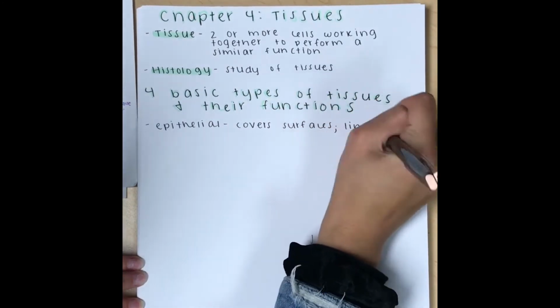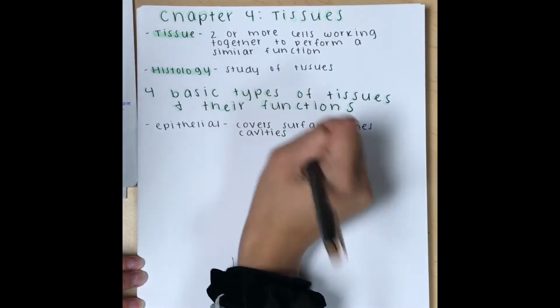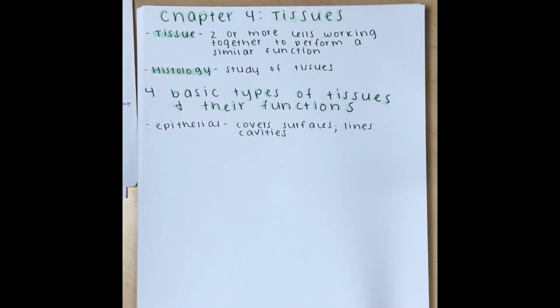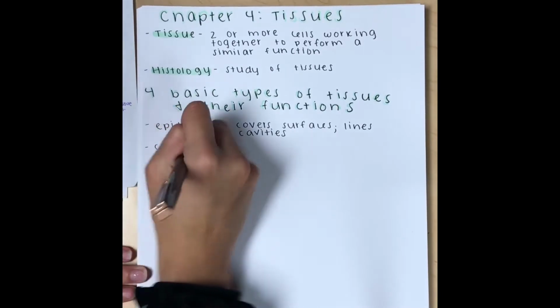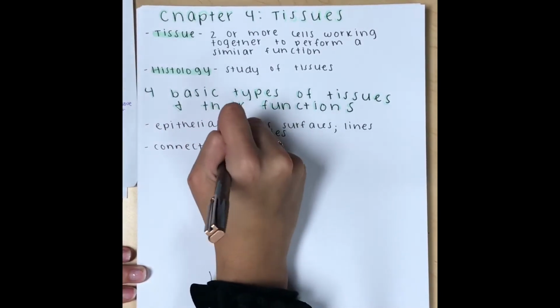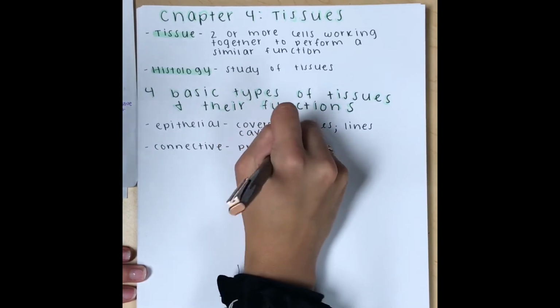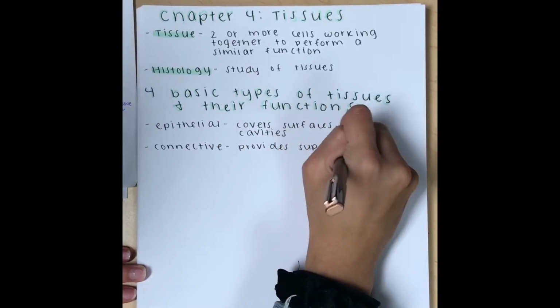Four basic types of tissues and their functions. Epithelial covers surfaces and lines cavities. Connective tissue provides support for the body.